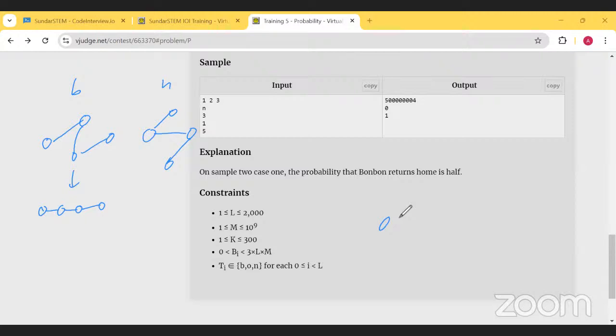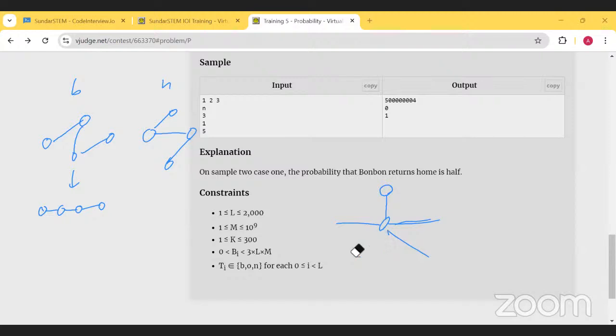And then we know that if there is a graph, let's say there are some branches here, and then there is a dead end here, then it is just the same if we remove it. Okay, the probability will be the same.